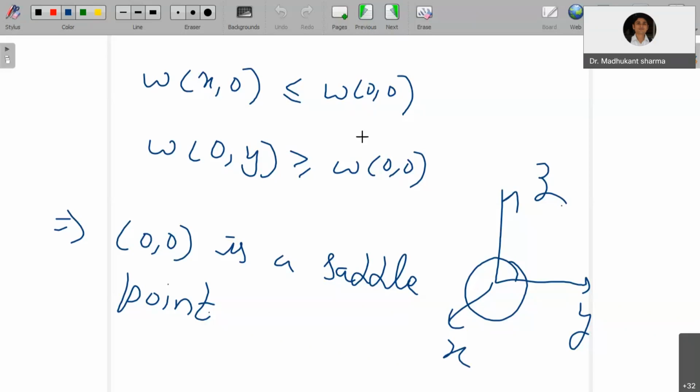Actually, my doubt is I found the partial derivative with respect to x, and at point 0, 0, its limit was getting infinity. But when I found the limit at 0, 0 using the formula, with x, y tending to 0, 0, f of x naught plus h comma y naught, using that formula, I got its limit.